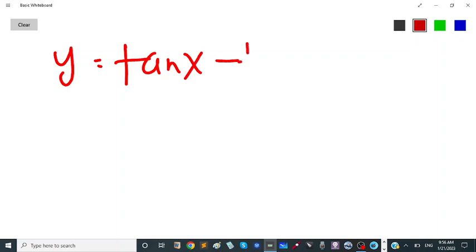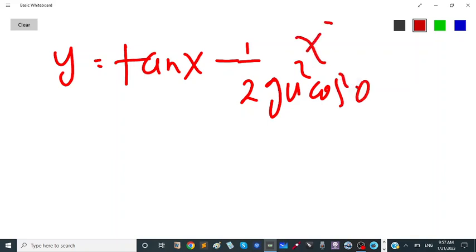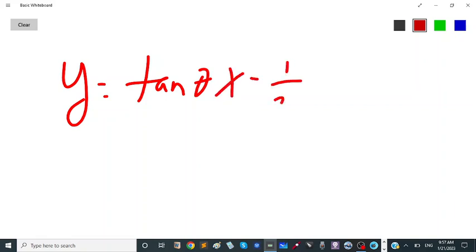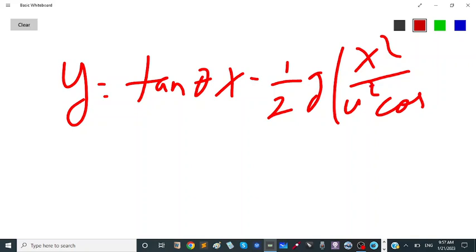To summarize the point, three formulae have been derived. One general formula for any position: y is equal to tan theta x minus half of g x square over u square cos square theta.